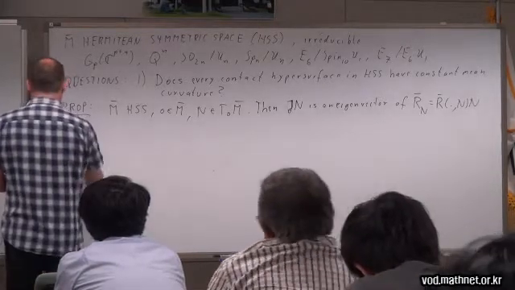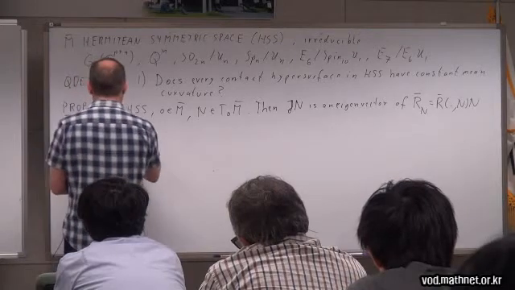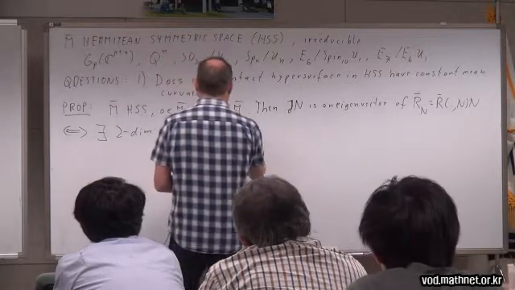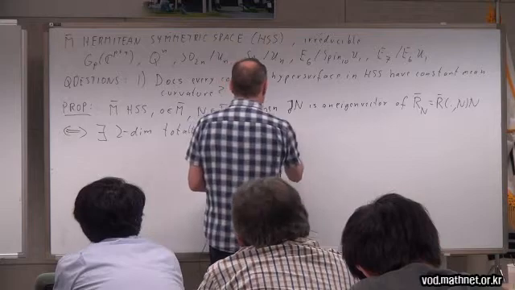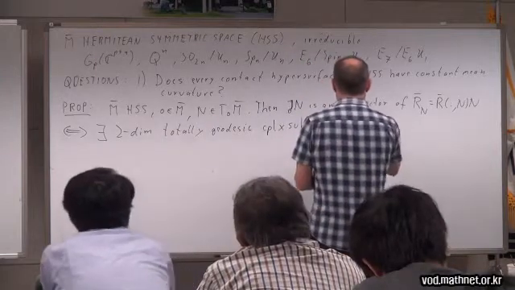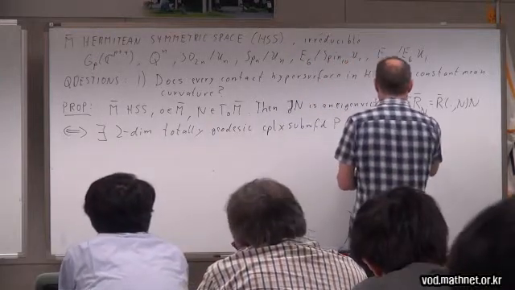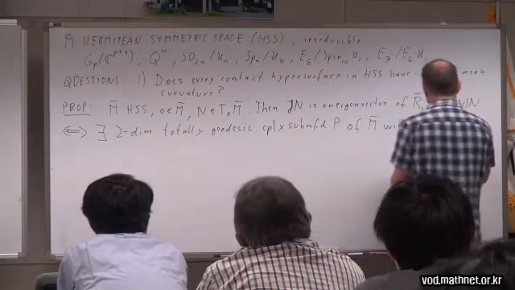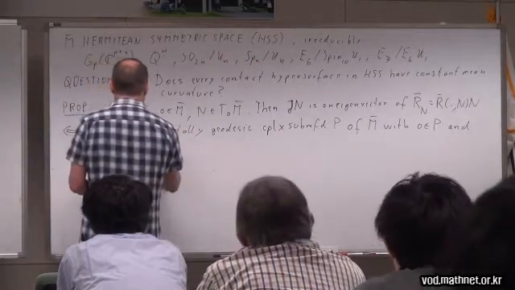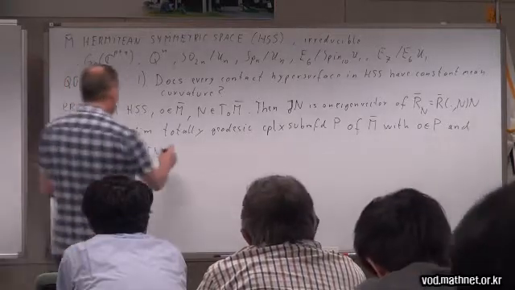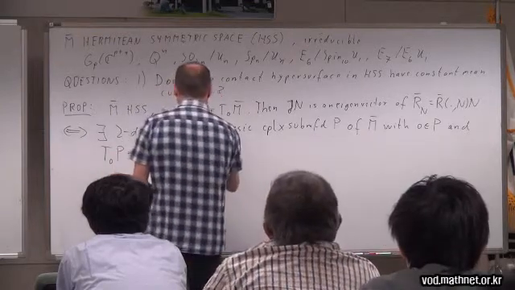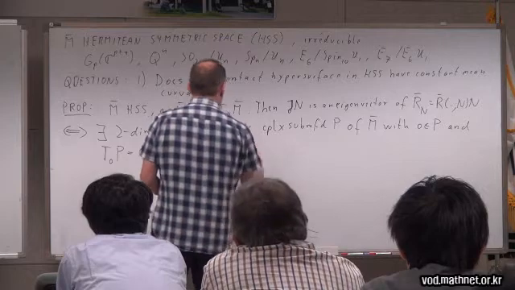If and only if there exists a two-dimensional, totally geodesic, complex submanifold P of the Hermitian symmetric space, which contains the point O, and the tangent space of P at O is the complex span of n. So it's the span of Rn and Rjn.